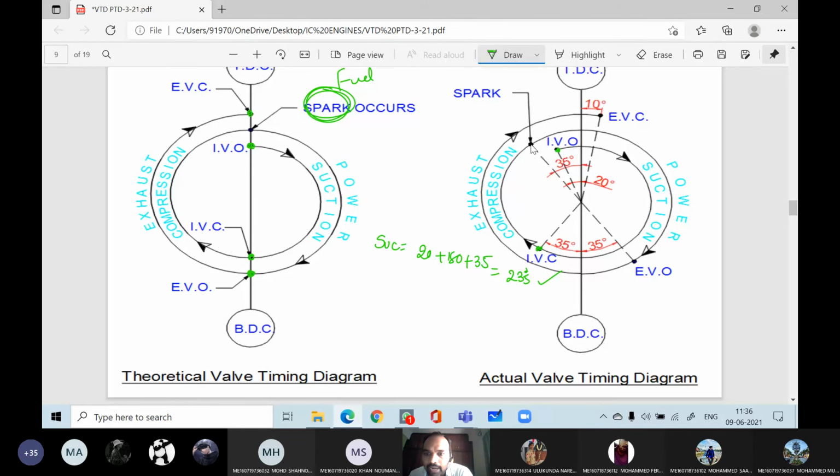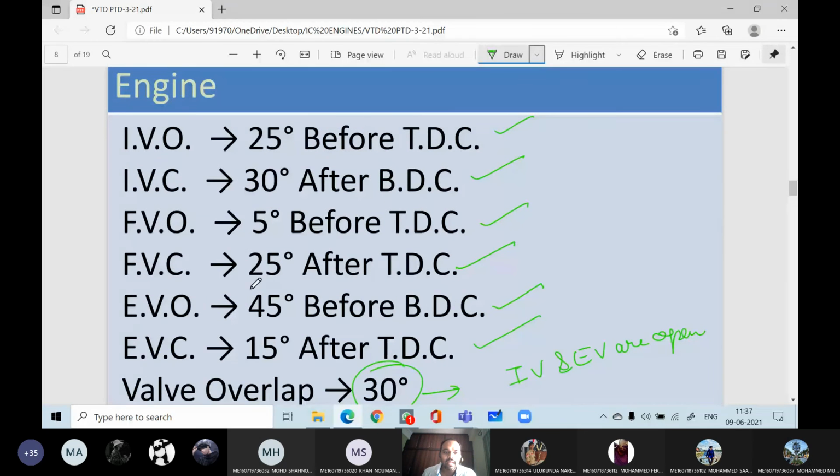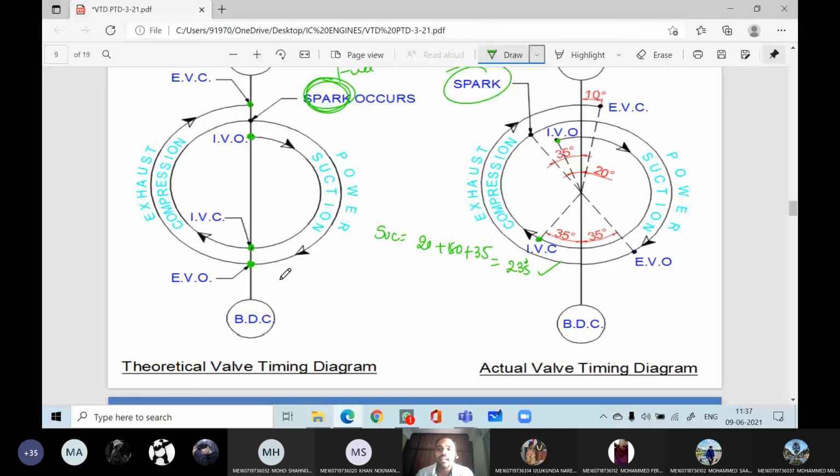So at 35 degrees before reaching TDC, the spark is injected into the engine cylinder. In the diesel engine, the fuel valve opens 5 degrees before and closes 25 degrees after, a total of 30 degrees. Here a total of 35 degrees is available for combustion. The angle is less for the diesel engine and more for the petrol engine, because in the diesel engine we spray the diesel with the help of a nozzle or injector.